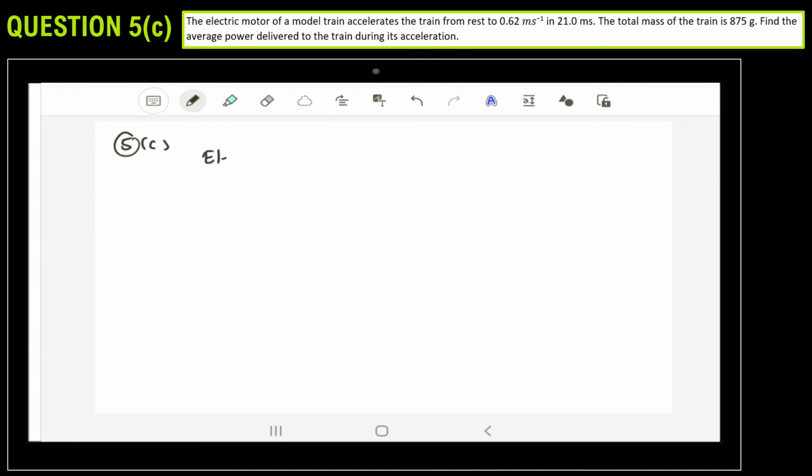Okay, so we have electric motor, where the electric motor accelerates the train from 0 to 0.62 meter per second. Okay, so in 21 millisecond. Alright, so find the average power delivered to the train during its acceleration.